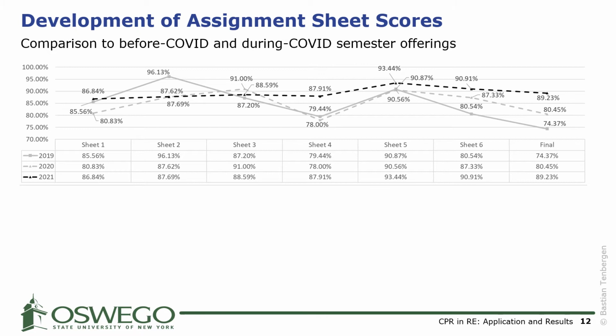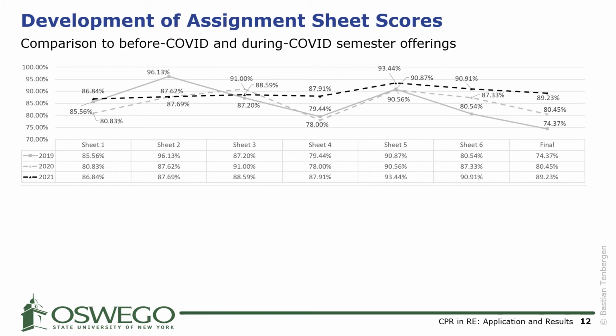And as we can see, during the semester, the students did comparatively well in 2021 as in the previous years. However, when we look at the final here, we notice that in 2021, students were rating each other about 9% points better on average than in 2020. And they were rating each other about 16% points better than in 2019.